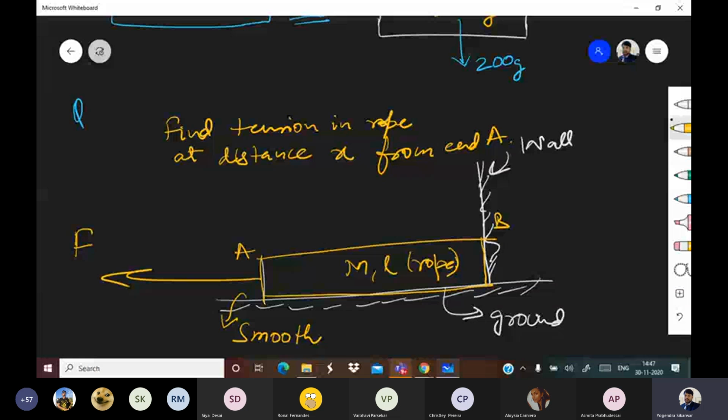Get the answer, Suhas. Yes, rope is stuck to wall.